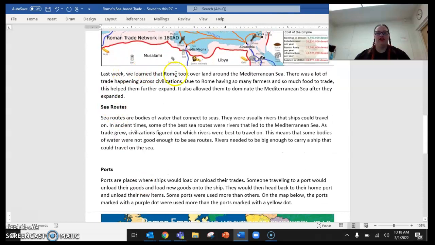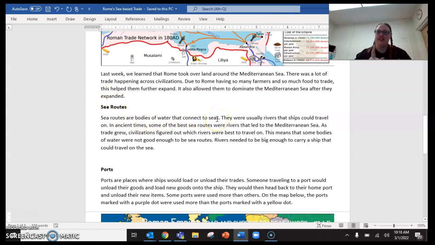Last week, we learned that Rome took over land around the Mediterranean Sea. There was a lot of trade happening across civilizations. Due to Rome having so many farmers and so much food to trade, this helped them further expand. It also allowed them to dominate the Mediterranean Sea after they expanded. Sea routes. Sea routes are bodies of water that connect to seas.